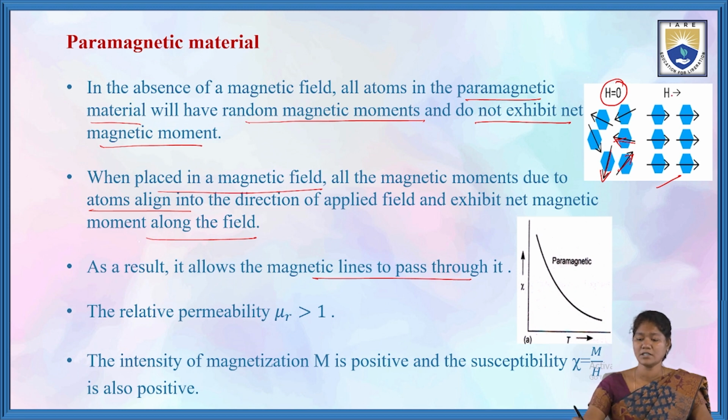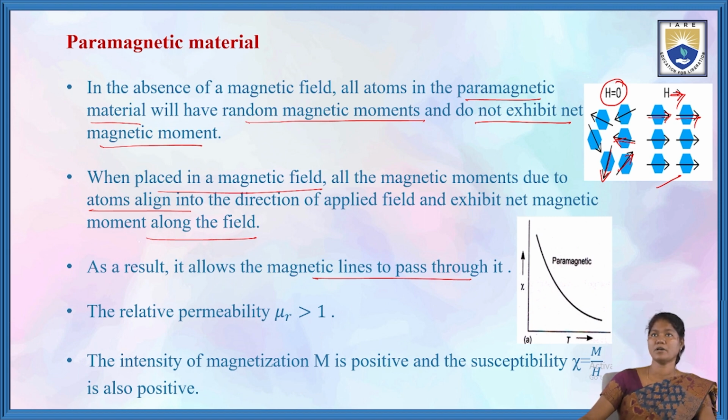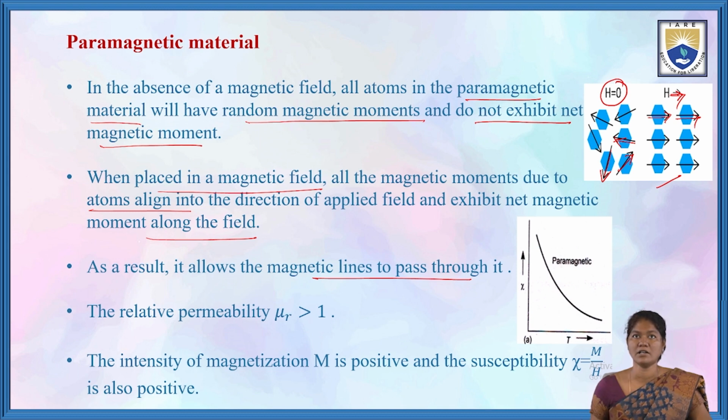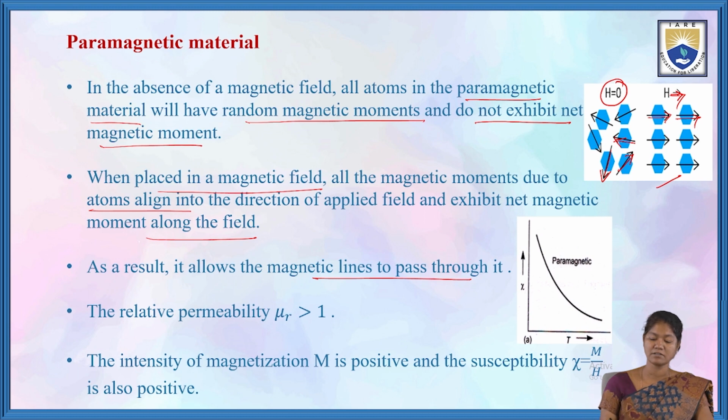When some magnetic field is applied to the paramagnetic material, the magnetic moments of the atoms align along the direction of the applied field. Because of that, the paramagnetic material allows the magnetic lines to pass through it.